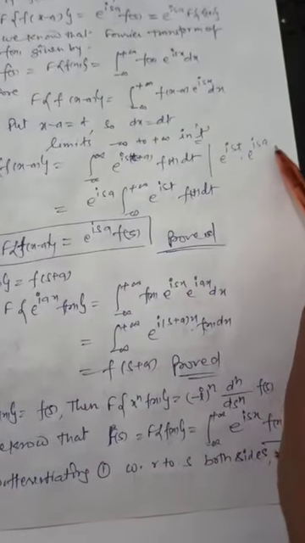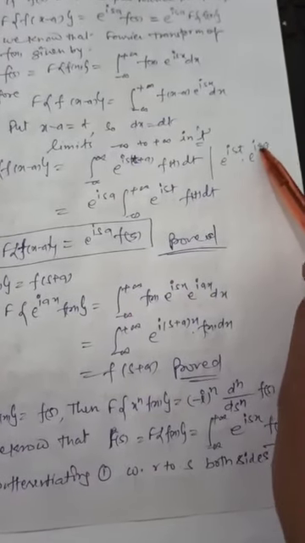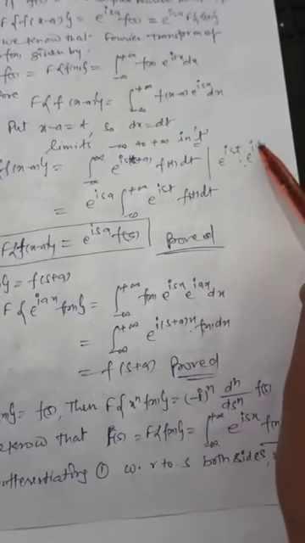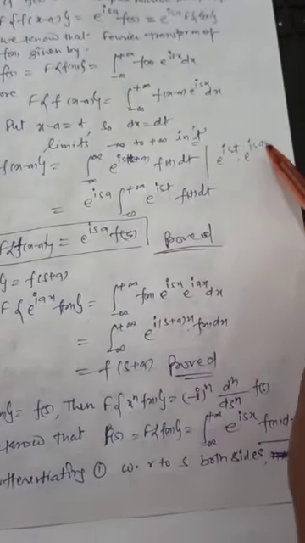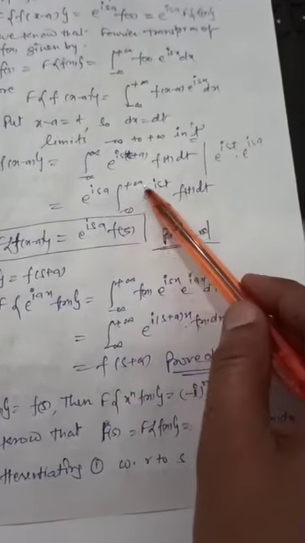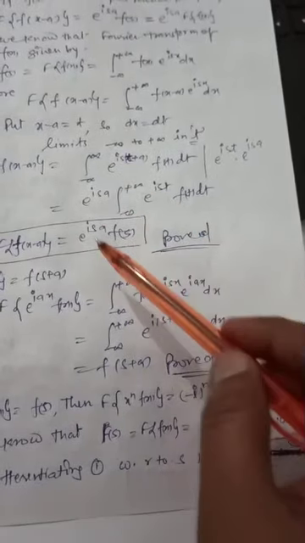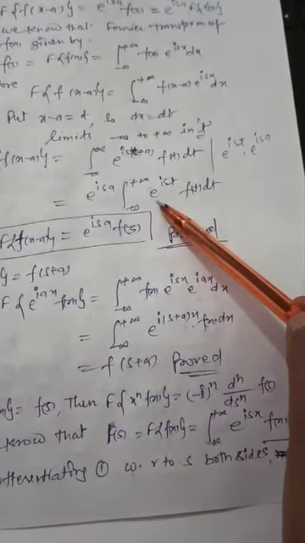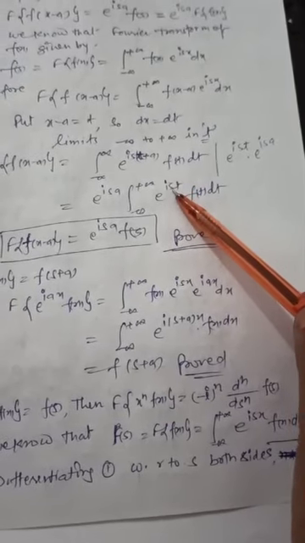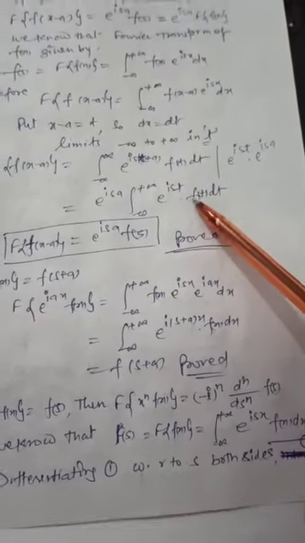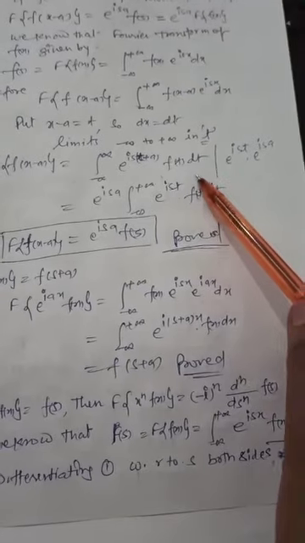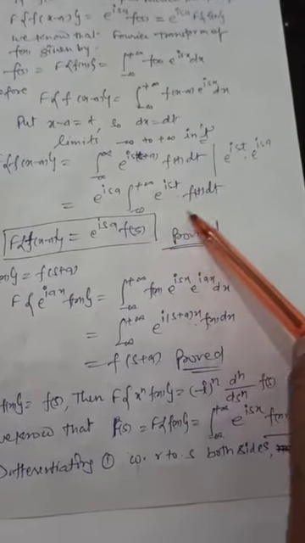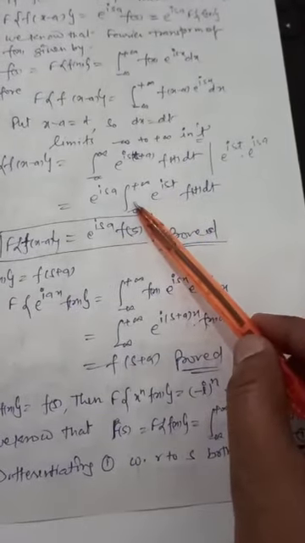Exponential iota s a is a constant with respect to t, so you can take it out of the integral. So the integral from minus infinity to plus infinity of exponential iota st f of t dt. This is again a representation of the Fourier transform.